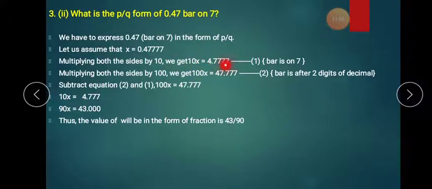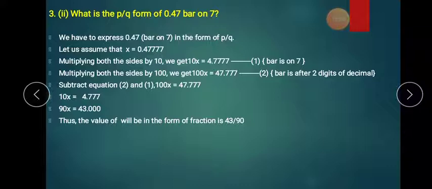Now again we will multiply the same thing with 100. Now why are we multiplying 2 times? That is a very important question. In the previous question we only multiplied with 10. Now we have already multiplied with 10, and again we are multiplying with 100. The reason is after the decimal 2 digits are there, 0.47 bar.